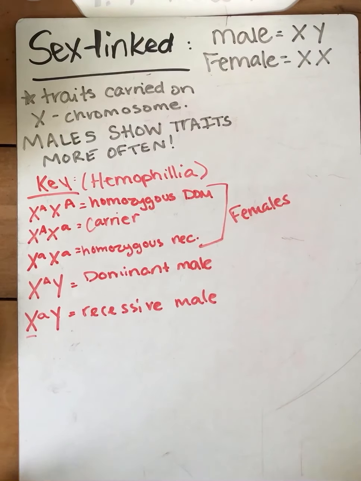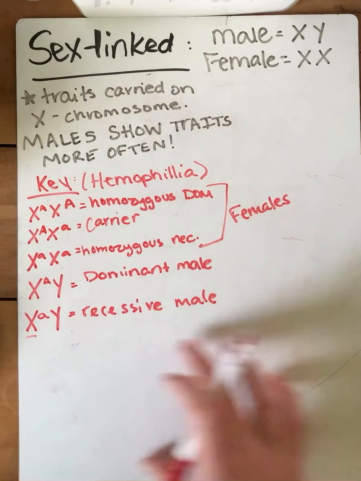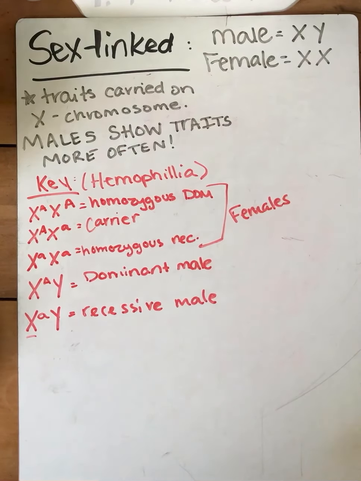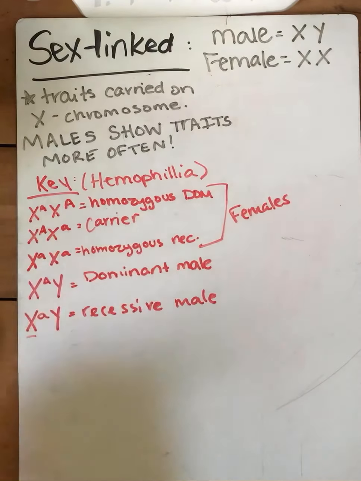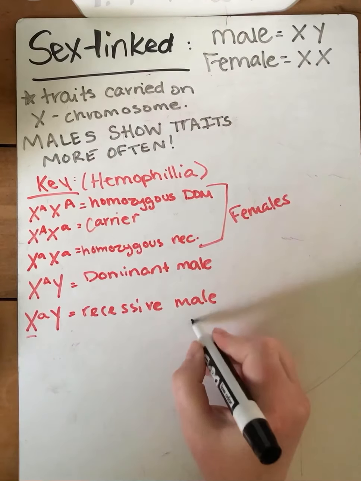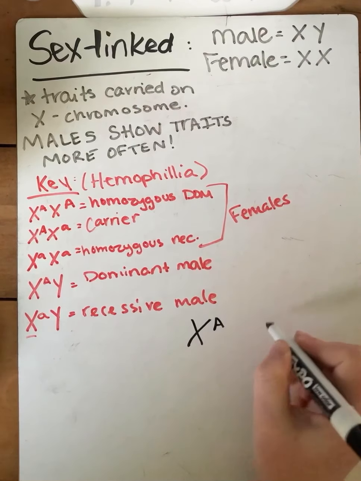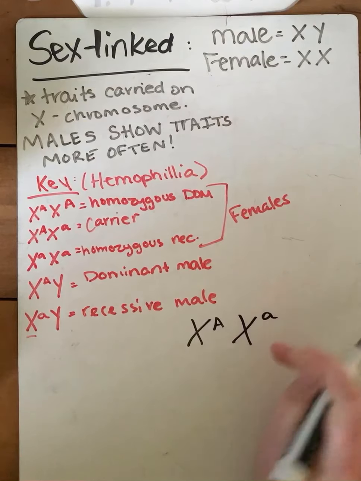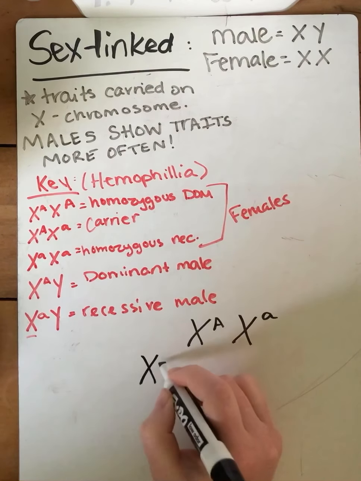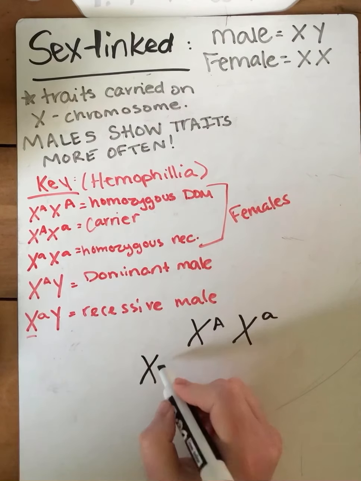Because I think I might be running out of room, I'm going to try to go a little bit smaller here. If I have to, I can erase the whole board. So let's say we're looking at hemophilia. We cross a carrier female. So she's a carrier, so she carries that recessive allele. And we're going to cross her with a dominant male.